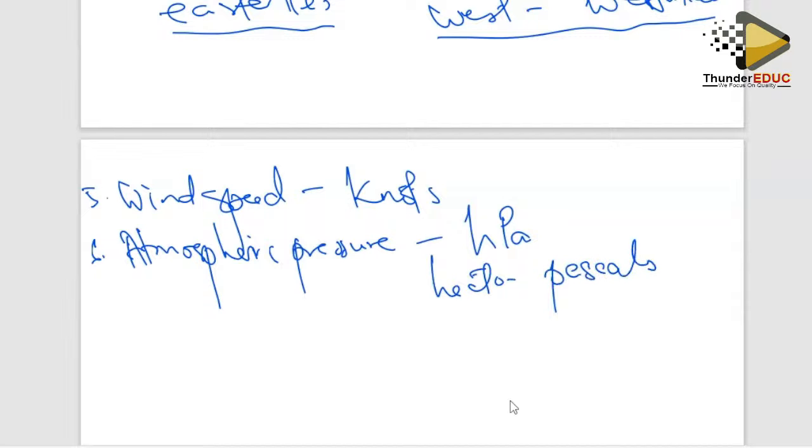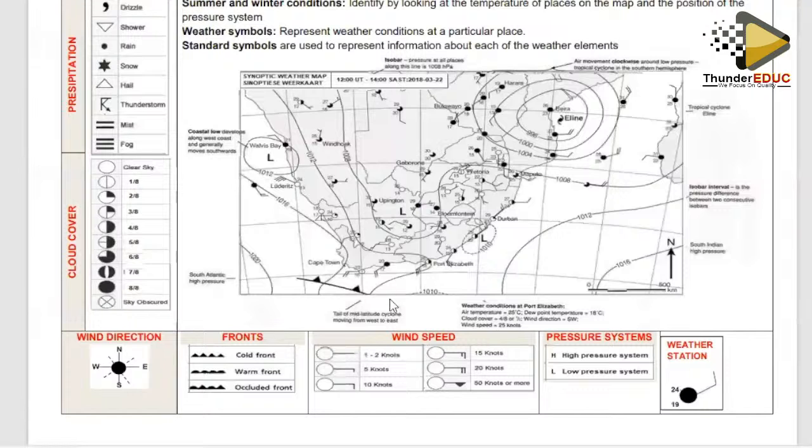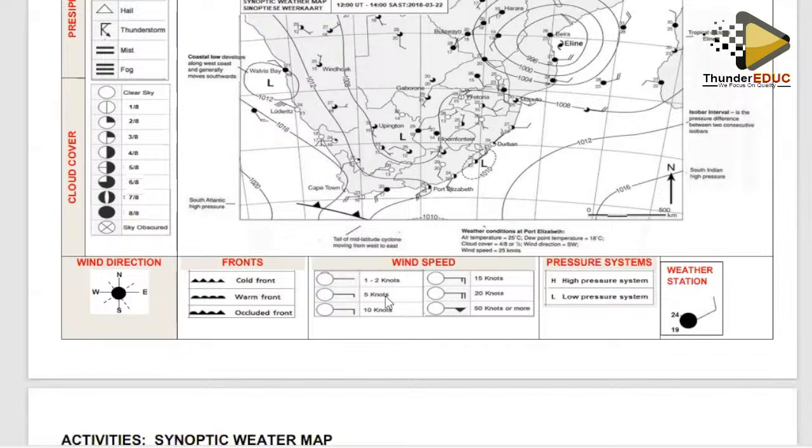Those are the units of pressure used on synoptic maps when you're summarizing atmospheric pressure. That is just a highlight of what happens with the synoptic weather map.